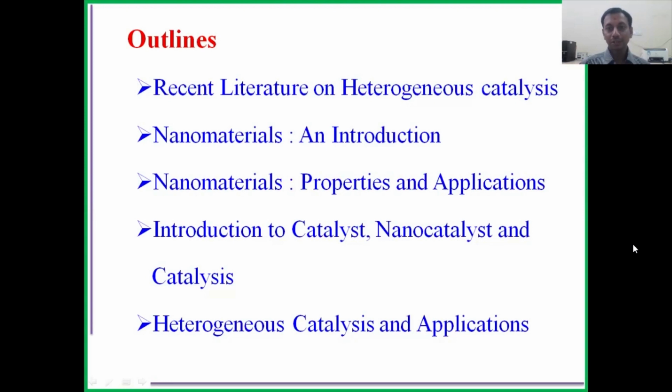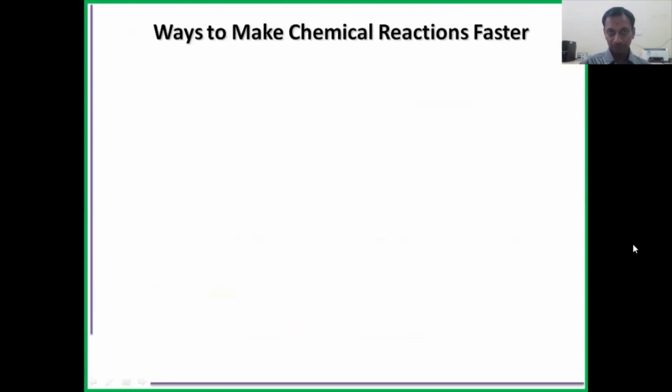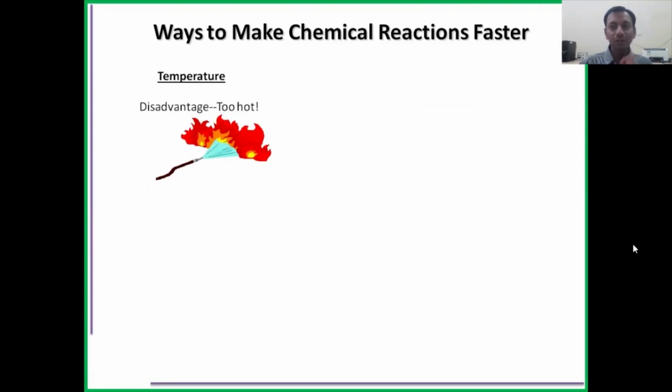Recent literature is available. Before that, we have to see how we can make a chemical reaction faster. So we all know if we apply some heat treatment, we can increase the temperature, we can supply some heat, then we can get the rate of reaction faster.